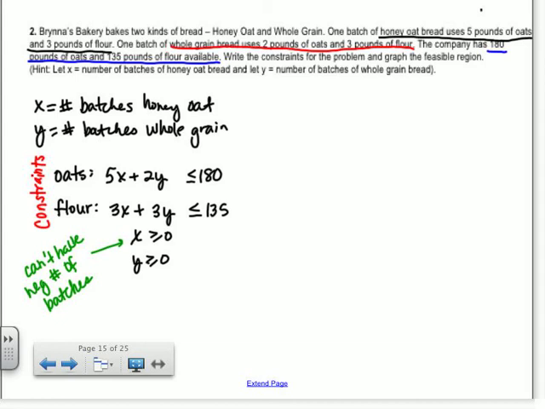Because the number of batches you have can't be negative. So you're either going to make 0 batches of honey oat or more than 0. You're not going to make a negative number. All right, so those are the 4 constraints. So those are the 4 things that you would need to graph.